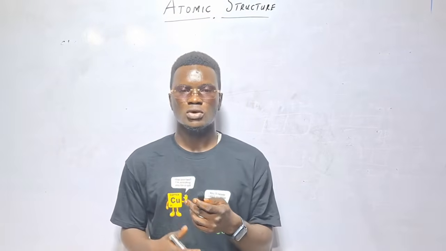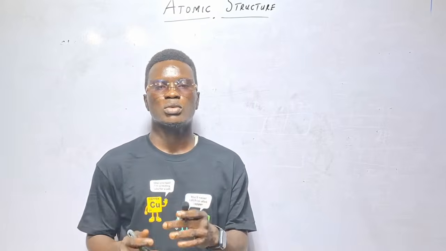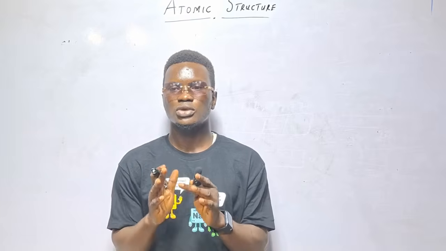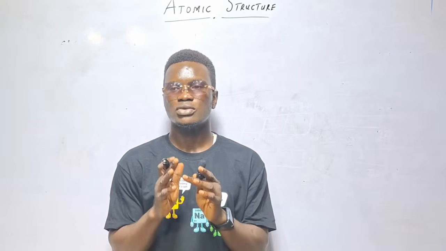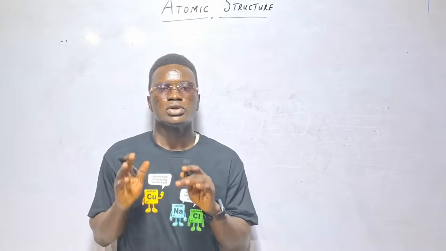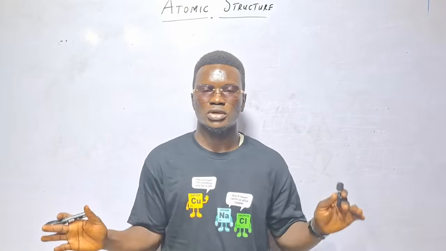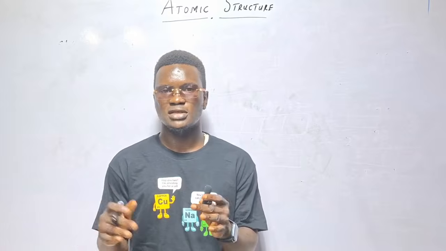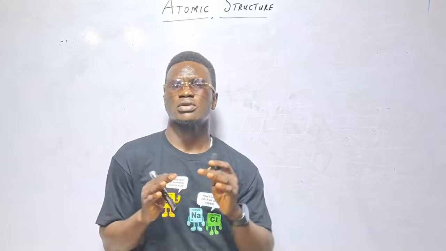Now that you know about the quantum numbers, let's quickly talk about the rules that guide electronic configuration. What are the rules that guide electronic configuration? So there are 3 major rules that guide electronic configuration, how we can arrange the electrons in the orbitals. So don't forget the definition of orbital.